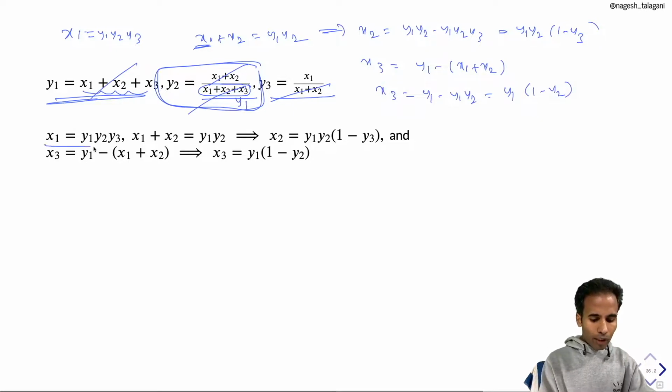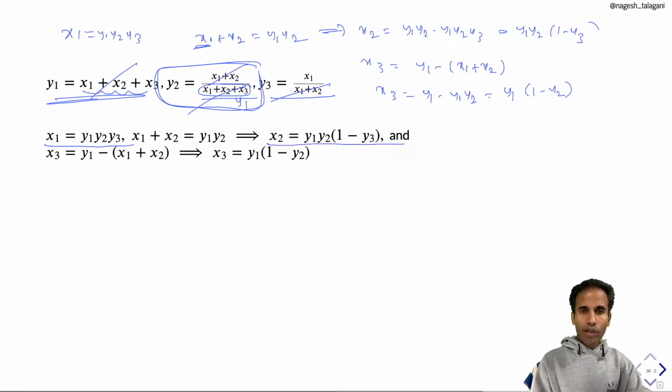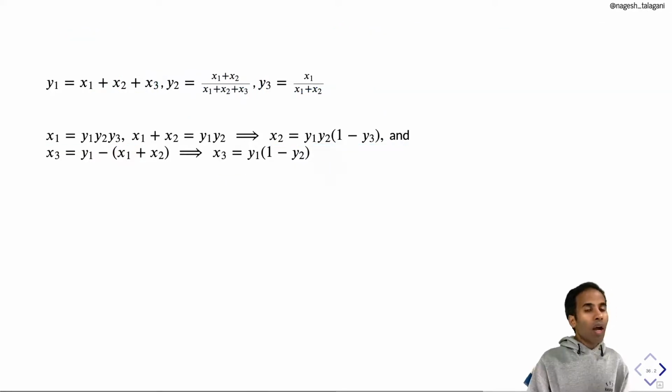So we have X1 equal to Y1 Y2 Y3, X2 equal to Y1 Y2 times (1 minus Y3), and X3 equal to Y1 times (1 minus Y2). Fine? Now let us find the Jacobian for this transformation.